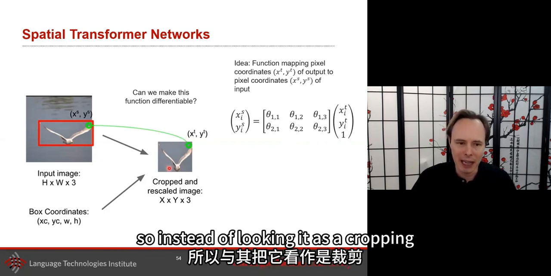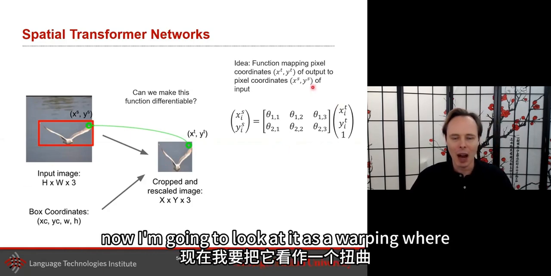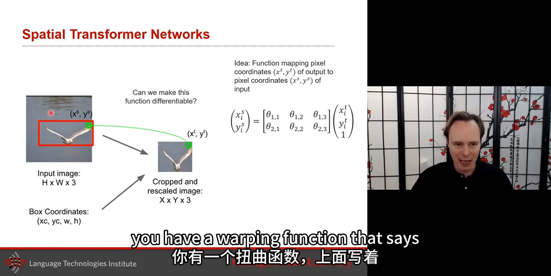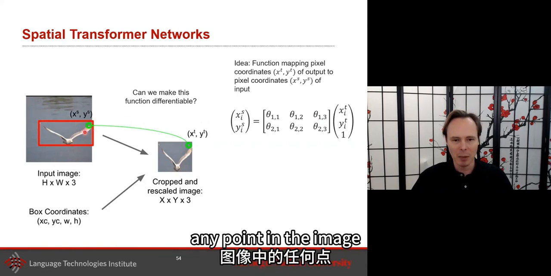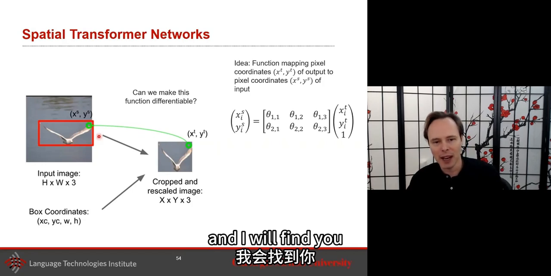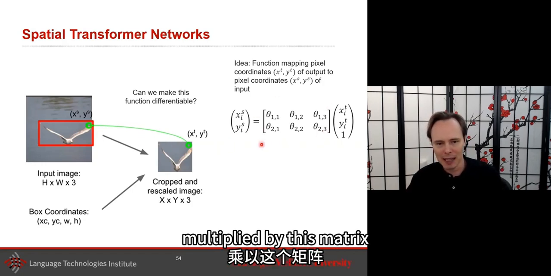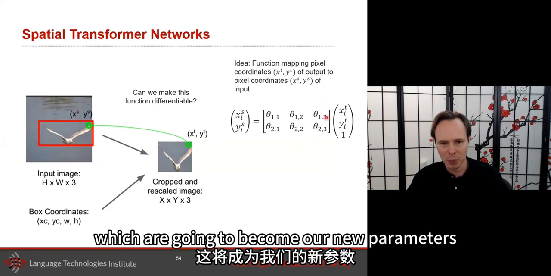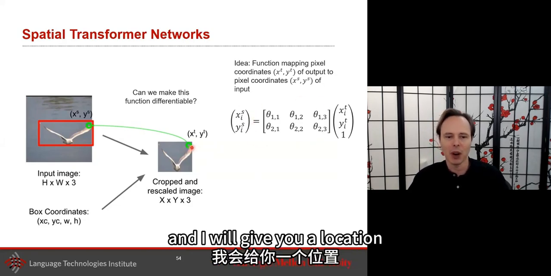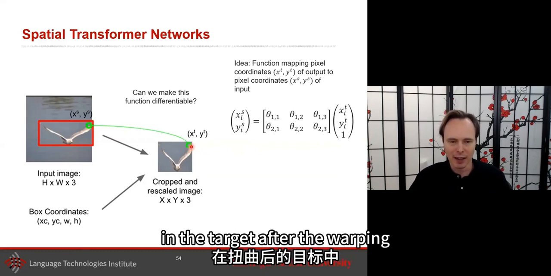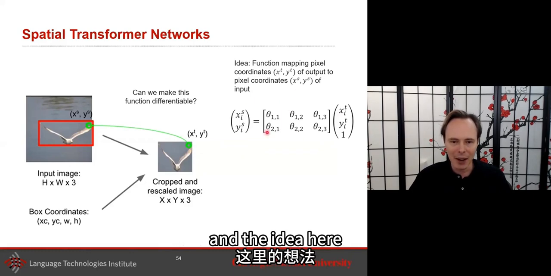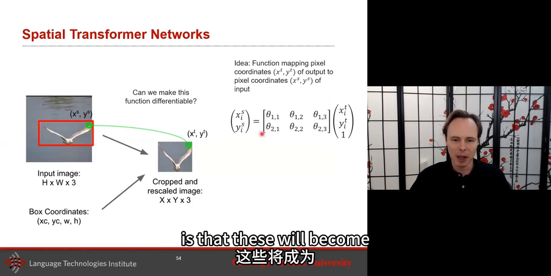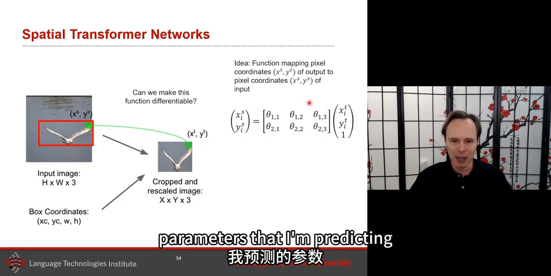So instead of looking at it as a cropping, now I'm going to look at it as a warping, where you have a warping function that says, give me any point in the image, and I will multiply by this matrix, which are going to become our new parameters, and I will give you a location in the target after the warping. And the idea here is that these will become parameters that I'm predicting.